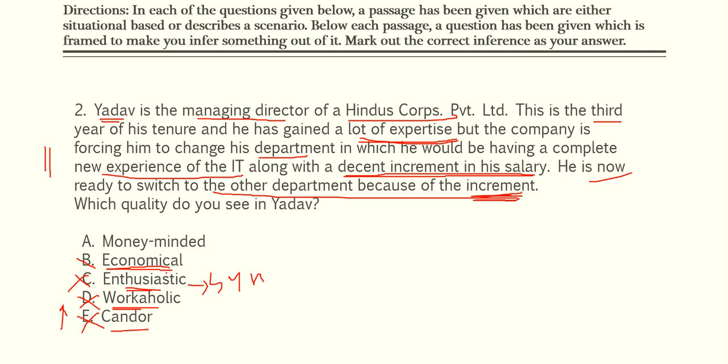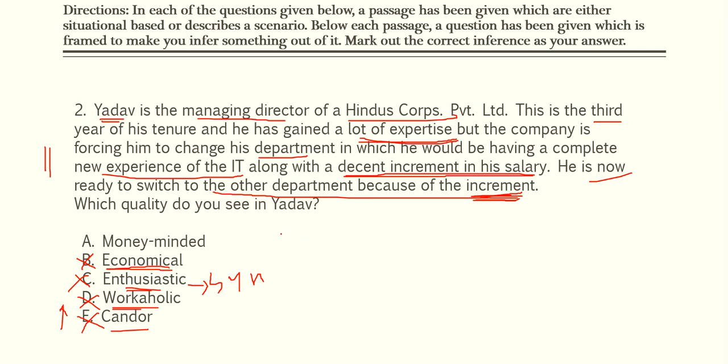Someone who does not just go on wasting money, who plans and utilizes his resources. So it is also being opted out because nowhere is it mentioned that Yadav is being economical.